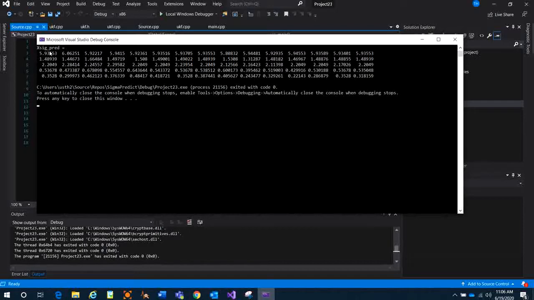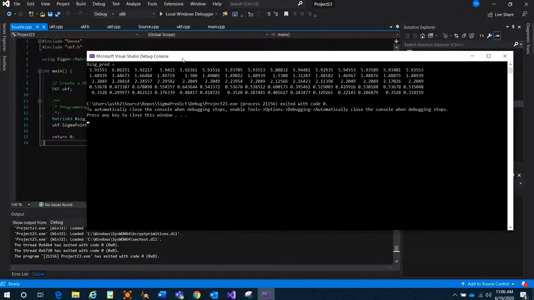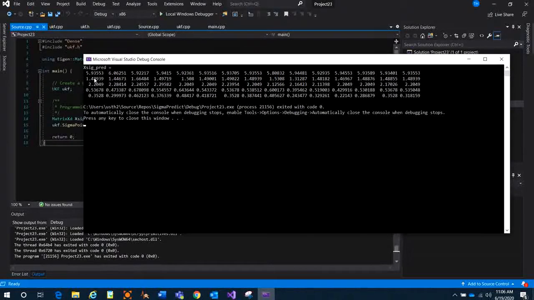So right now, after we pass through the process model, we have the sigma point prediction, right? Right now we have the 15 columns, but we only have the five state variables for each column, right? So it's good, right? I hope you understand that.